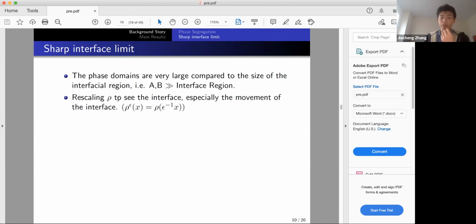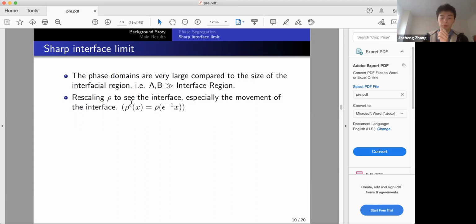This initiates our idea to rescale rho to see the collapse of this interface, in the sense that after this rescaling, the interfacial layer will just collapse to one point. As Misha explained before, this helps us analyze the movement of this interface.